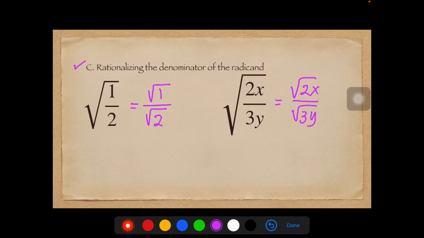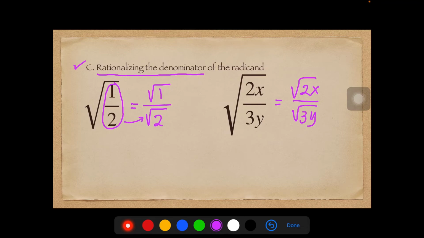But we have here the term rationalizing the denominator. We have already applied the third law of radical, wherein we have removed the fraction inside the radical sign by doing it this way.